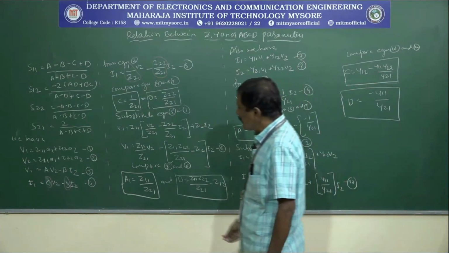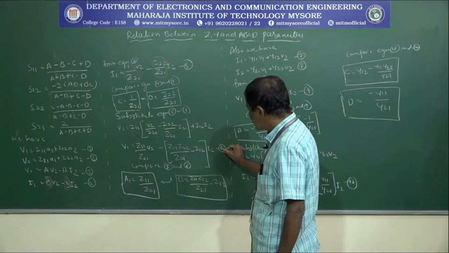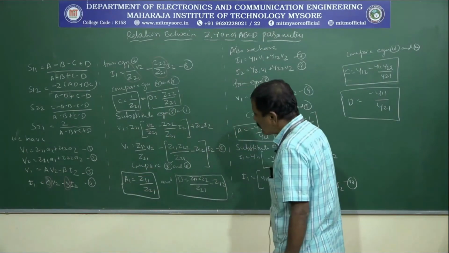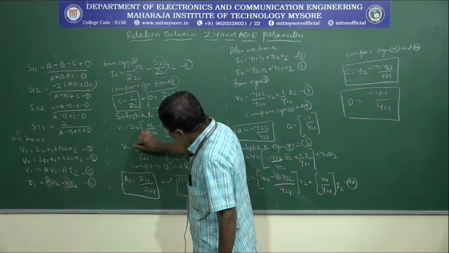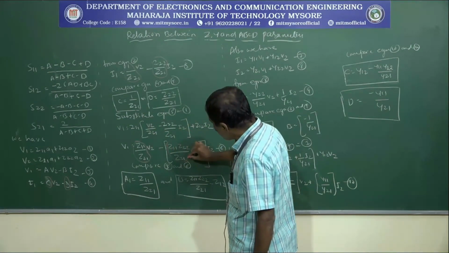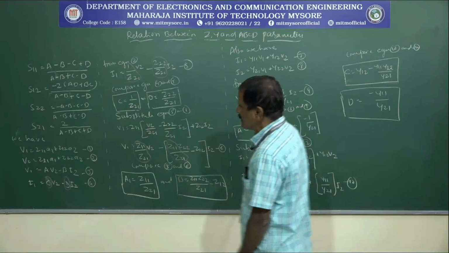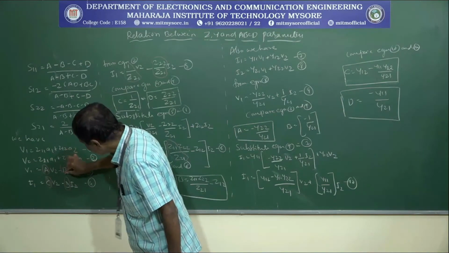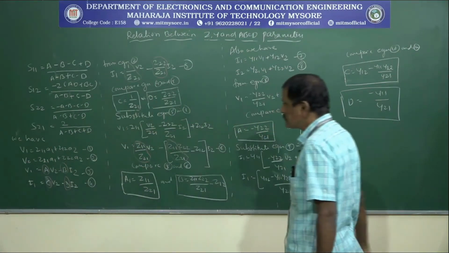Now compare equation 3 with respect to 6. This is your equation number 6 and this is your equation number 3. When you want to compare this, see here, this is the term what you are having and here this is the term what you are having. Similarly, this is the term you are having and this is the term you are having.